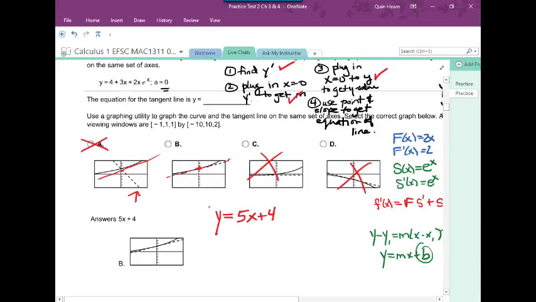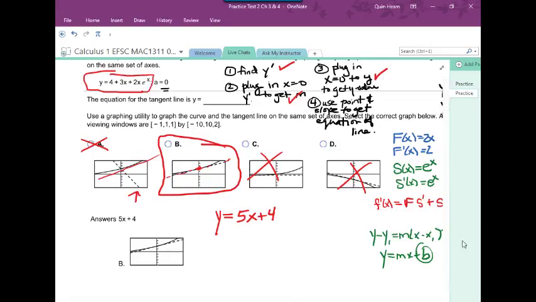So it must be that B is the picture of the function. And if that weren't enough, I would also plot a few points on the function just to see if it matches up with the equation of the function we were given, which was y equals 4 plus 3x plus 2x e to the x. Just plot some points. Okay, so that's how you would work that one.